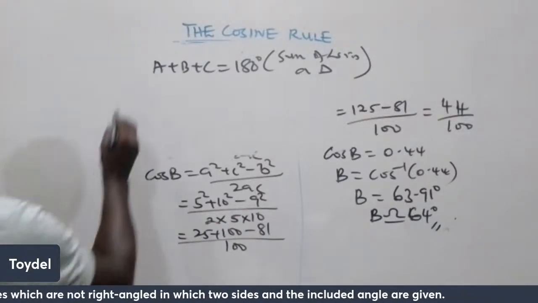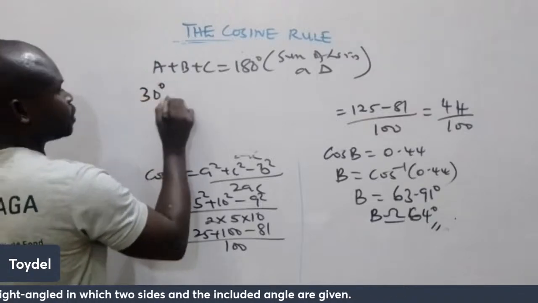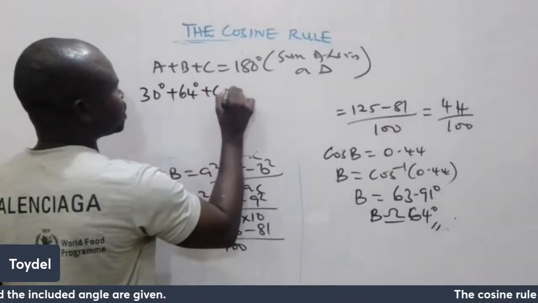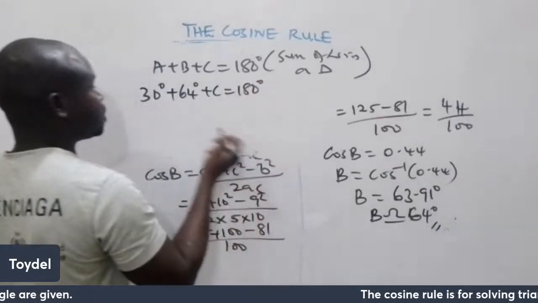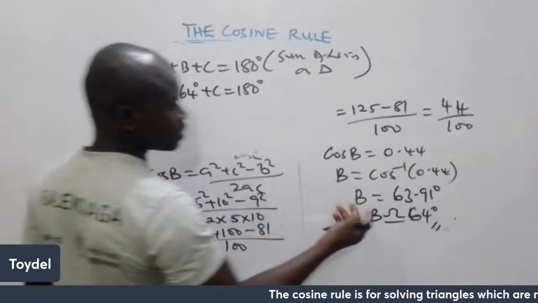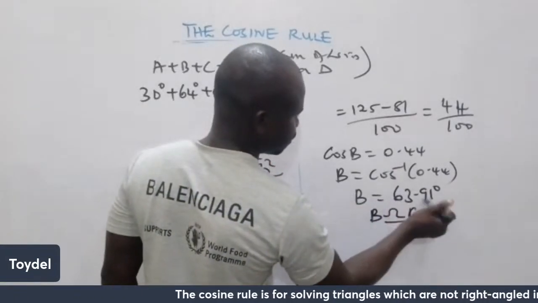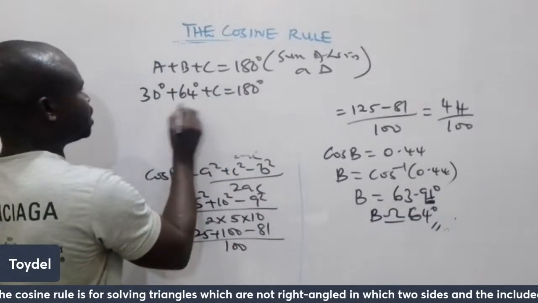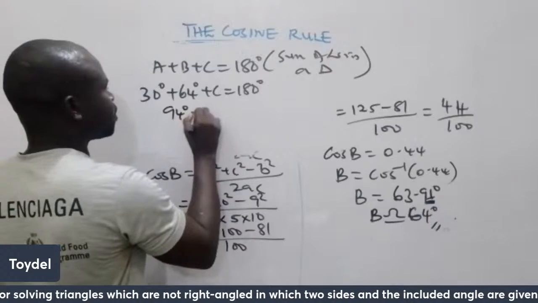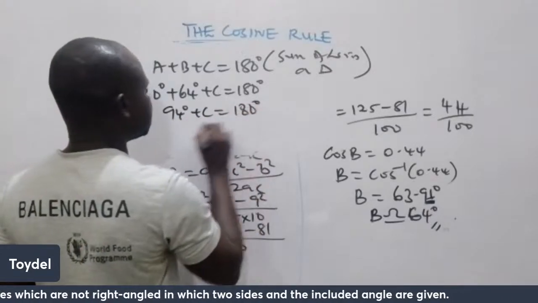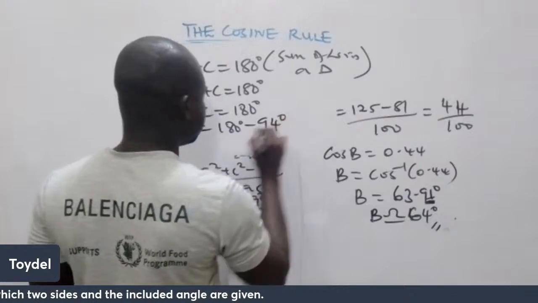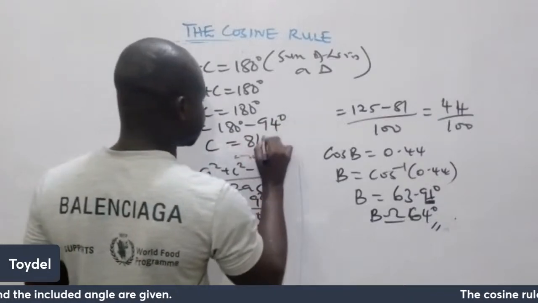I want to use the approximated values now. 30 plus 64 plus C is equal to 180. Of course, we advise to use the exact value, not the approximated value, but in this case, let me just use it for simplicity. This will be 94 degrees plus C equals 180. So C is equal to 180 minus 94 degrees. So C is equal to 86 degrees.